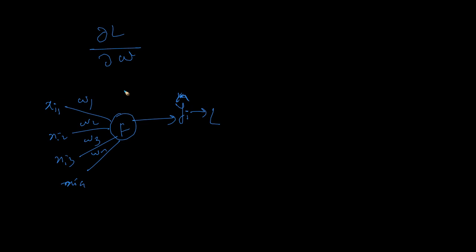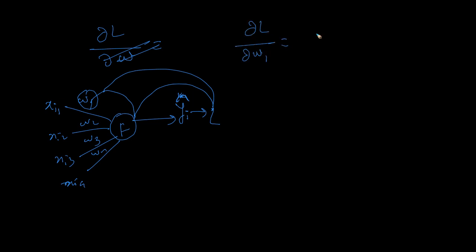So we want to compute the derivative of this loss with respect to this w. Now by using the chain rule, we have dou L by dou W equal to dou L by dou F times dou F by dou W1. Let's write it for W1: dou L by dou W1 is equal to dou L by dou F into dou F by dou W1, right?